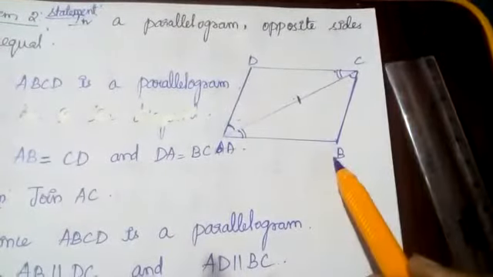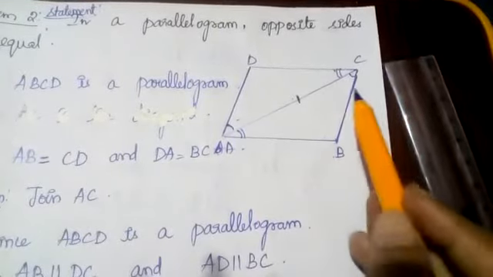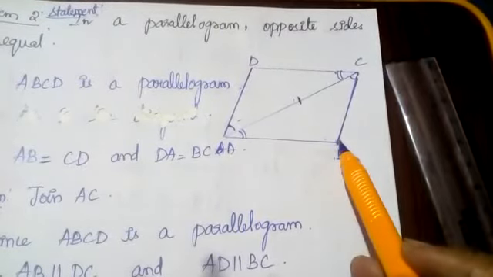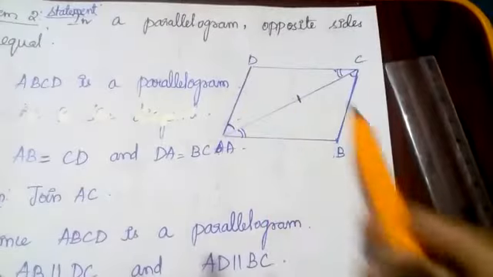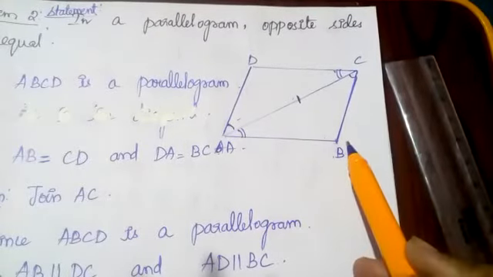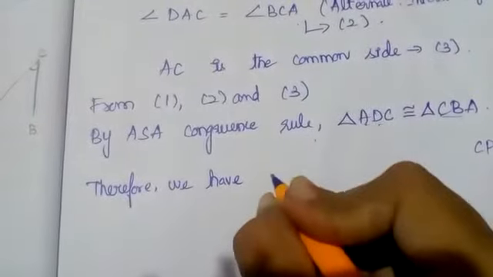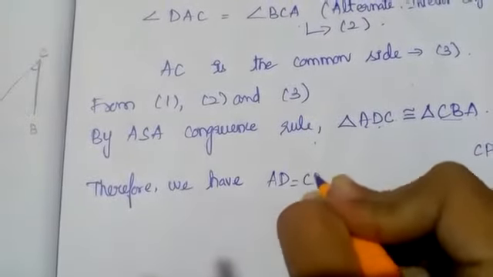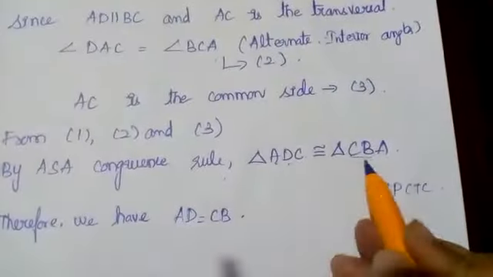Side AD is equal to side CB, and sides AD and CB are opposite sides. So we can write AD is equal to CB.